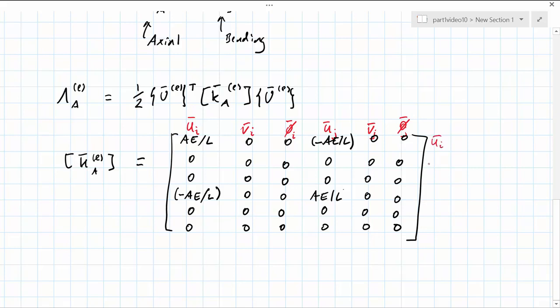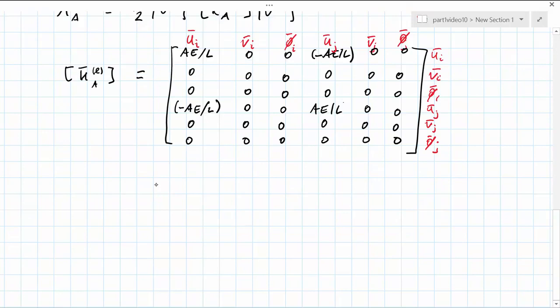Similarly, U bar I, V bar I, Phi bar I, U bar J, V bar J, and Phi bar J. You'll notice that the only non-zero elements in the axial elemental stiffness matrix are U bar I and U bar J. That is because our axial element only has a single degree of freedom per node.